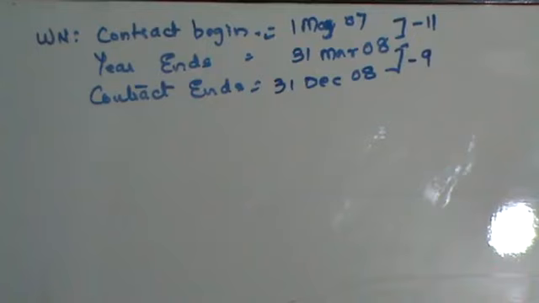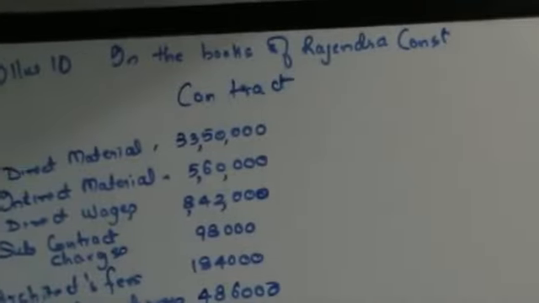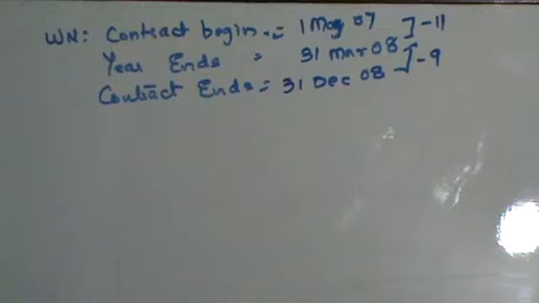Now they are saying that supervision charges are 10,000 rupees a month. Your contract was for 11 months, so 10,000 rupees a month for 11 months will give you 1,10,000.